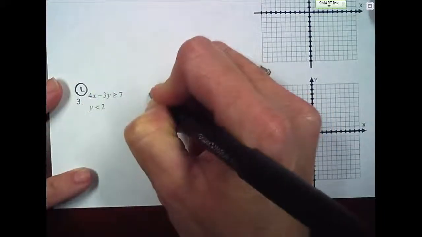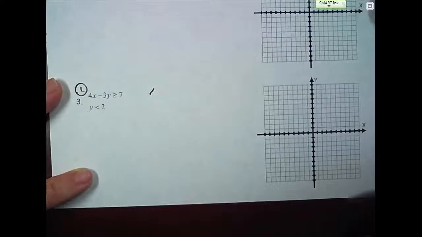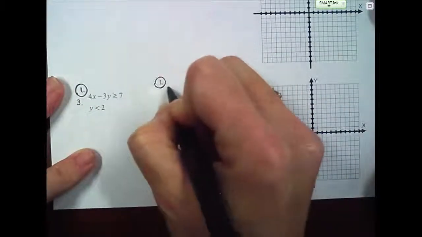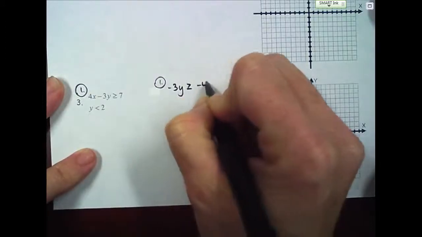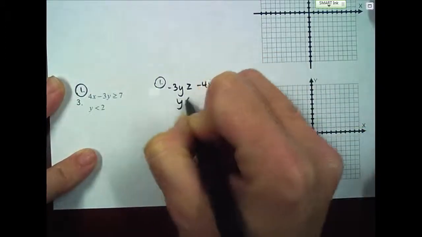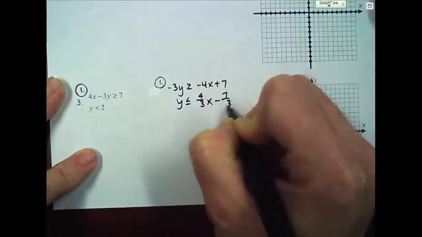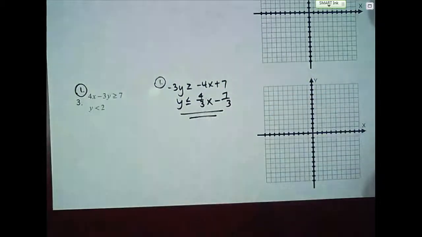Solve it for y. You're dividing by a negative. Flip the direction of the inequality and be careful. Check your line. Make sure it's right before you graph it. Make sure you did the math correct.